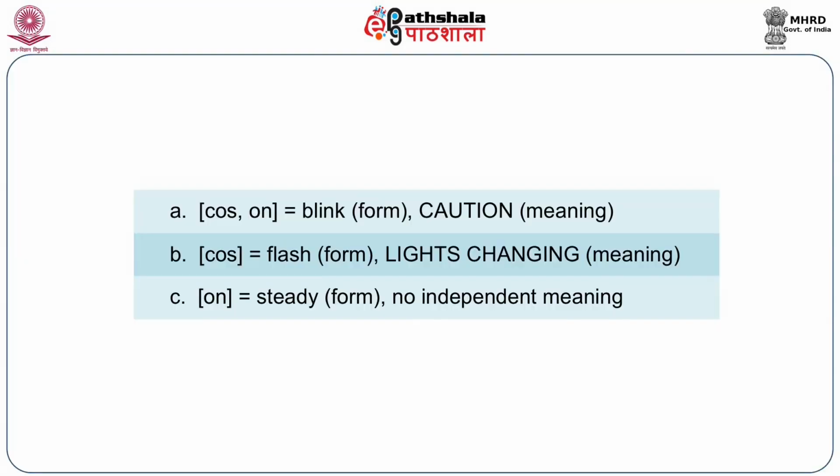We could have the change of state feature and the on feature in a geometry, and this will yield blink form and quotient meaning. Just the feature COS means that it's flashing, and it signifies lights changing. On, the feature on gives you steady in terms of form and has no independent meaning.